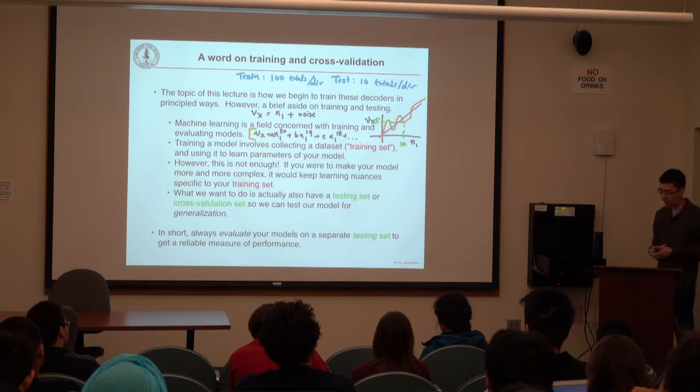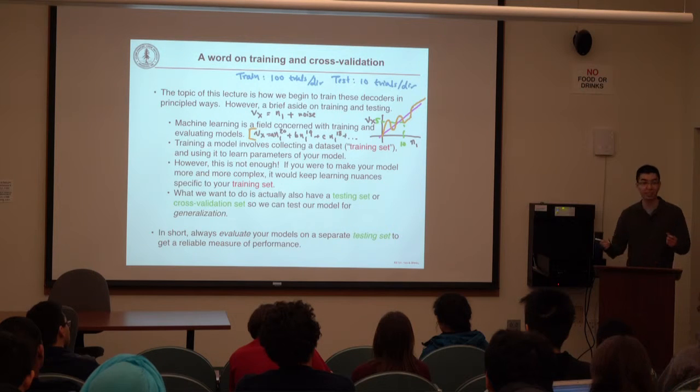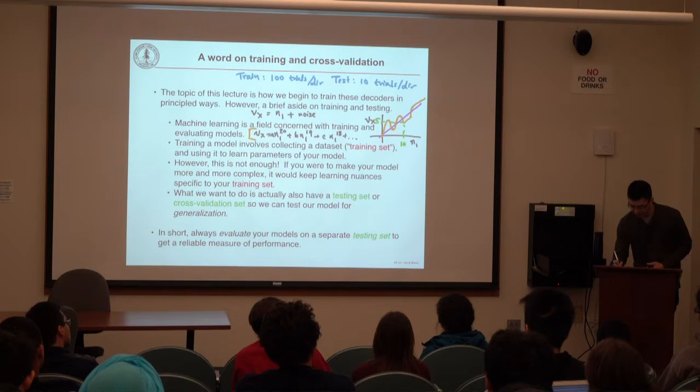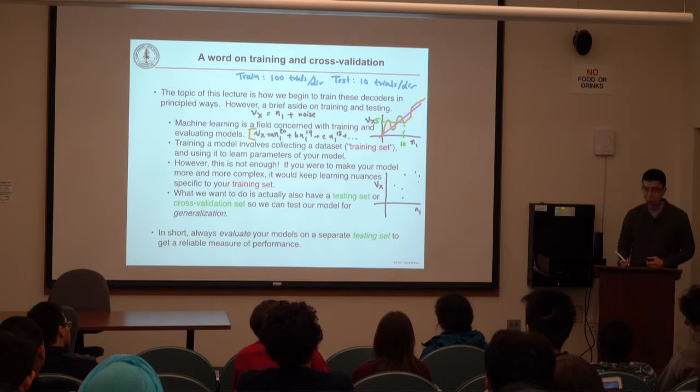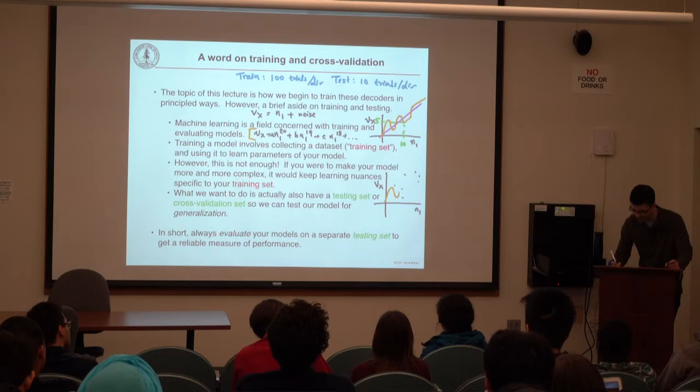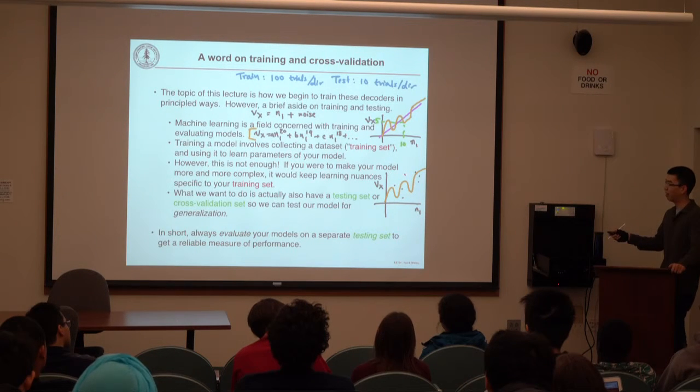But then if we were to look at a test data set of withheld data that we've never seen before, and that test data set looked like this, and we used this really complicated model that we fit, we would see that we actually wouldn't classify these points very well.